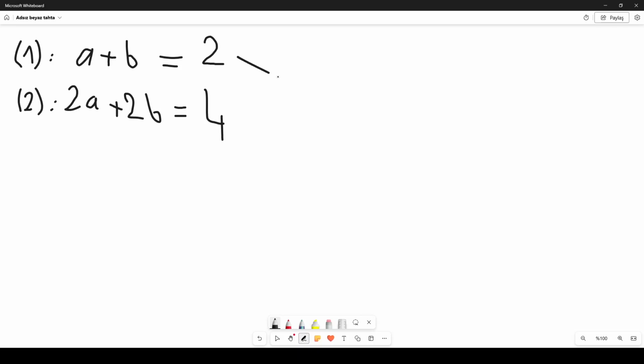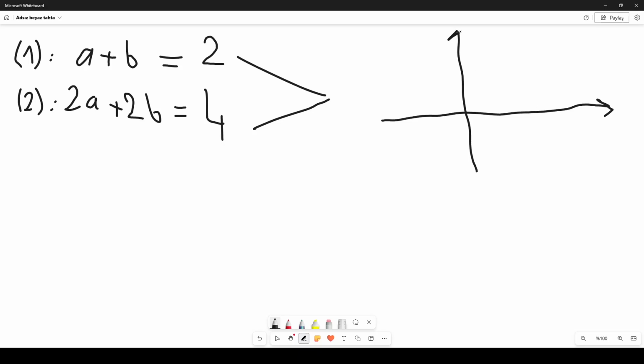And what does it mean from a geometric perspective? Let's see. Again, a represents the values on the x-axis and b represents values on the y-axis. And the first line would be this line, intersecting the x-axis at 2 and intersecting the y-axis at 2 again.